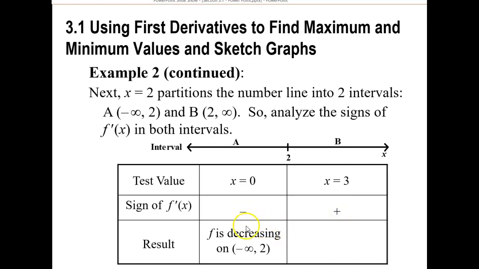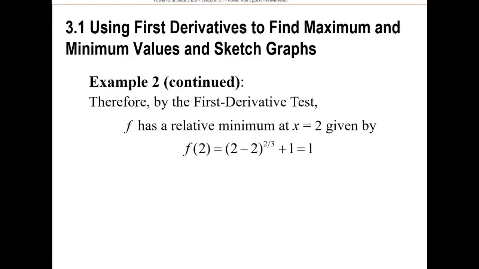So if the derivative is negative, f is decreasing on that interval, negative infinity up to 2. And if the derivative is positive, f is increasing, and that would be on the interval from 2 to infinity. Therefore, by the first derivative test, f has a relative minimum.